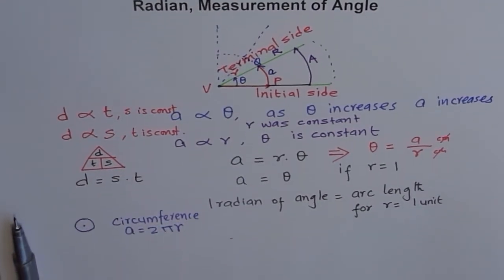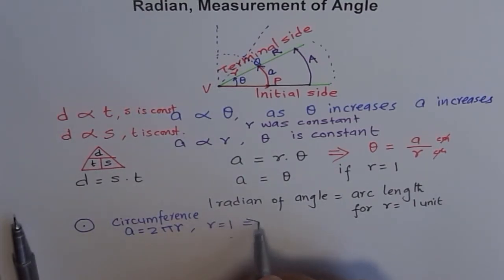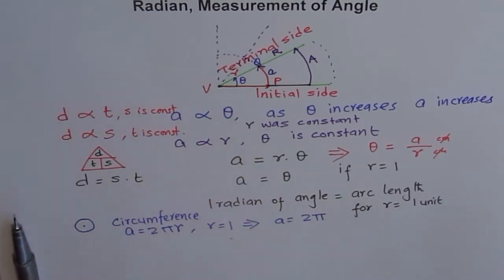Do you understand? And by definition, what is theta? Theta is the value of A for r equals 1. So if I put r equals 1, then A equals 2 pi.